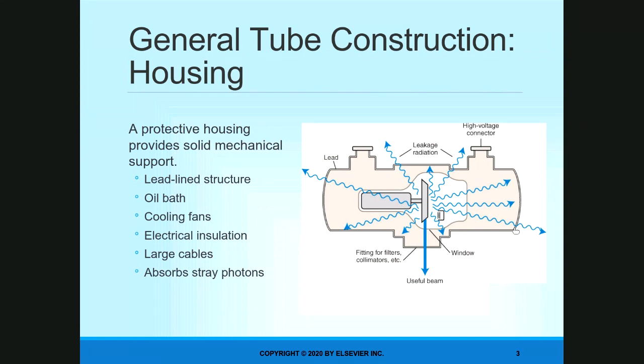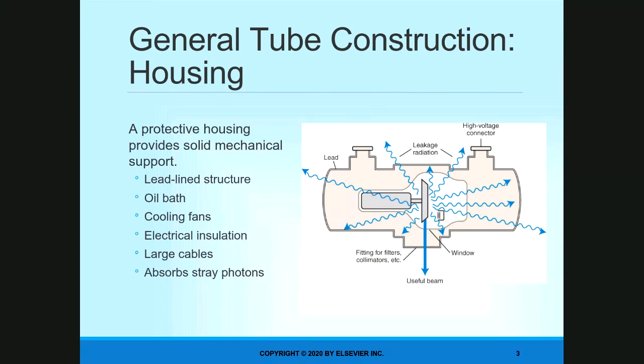When they start talking about X-ray production, it is a very inefficient process. So 99% of what is created is actually heat, and only 1% is actual X-ray production. So a very inefficient process as a whole.